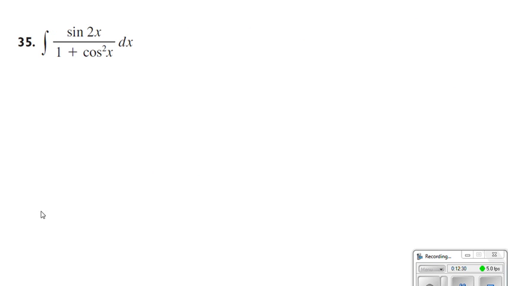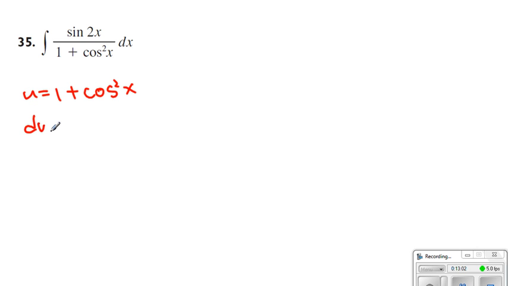All right, number 35, so let's look at it. Which one would be a good expression, in fact. So now, when you look at sine of 2x over 1 plus cosine square x, let us assume u is the denominator here. We end up getting u equals 1 plus cosine square x.